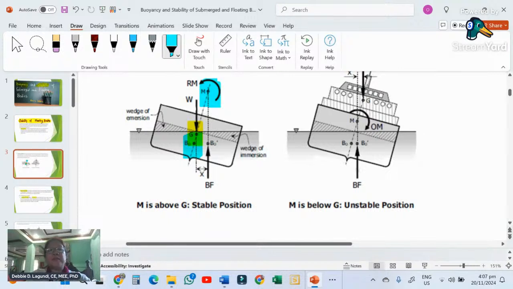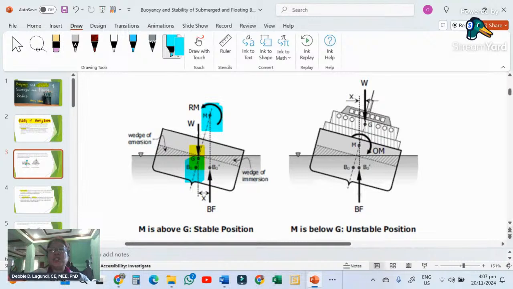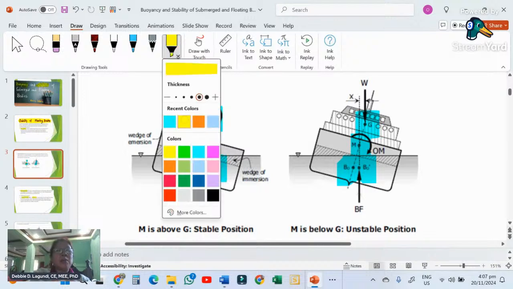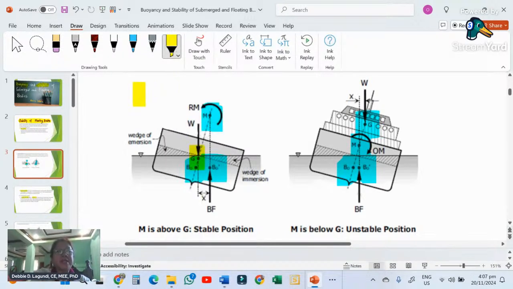And here, the G is located above the metacenter, and the center of buoyancy is still in place, but it has shifted to BO prime because it has tilted. So with the first illustration, the metacenter is below G. Now, on the first illustration, when M is above the center of gravity, it is said to be stable.